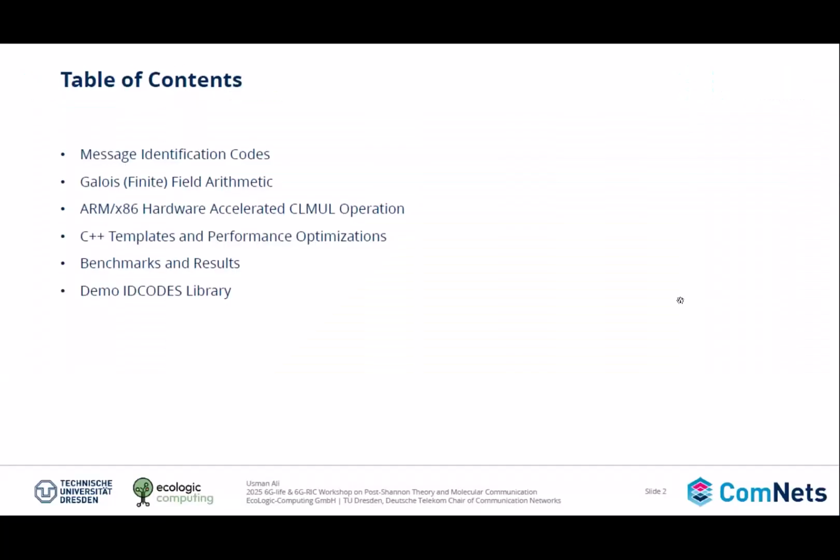The content of the slides will be, first I'll introduce what message identification codes are and how we treat them in practice when we go to the software development aspects of implementing them, and then talk about some of the work that Kaspar has done, some of the publications that they've made about different types of deterministic ID codes that we saw today and were explained in his presentation before, and how we can then optimize these codes so they can work with larger field sizes and exploit some of the new instruction sets on ARM or x86, like Intel and AMD based processors.